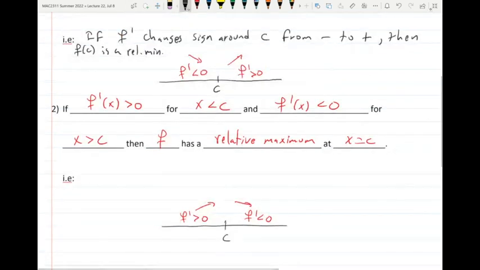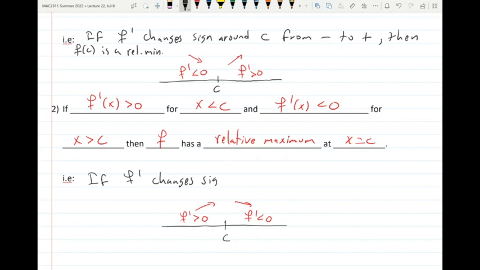In other words, what we're saying is that if f prime changes sign around c, but this time from positive to negative, then f of c is a relative max. Okay, so that's how we find relative extrema.